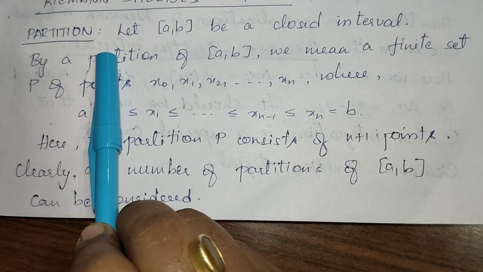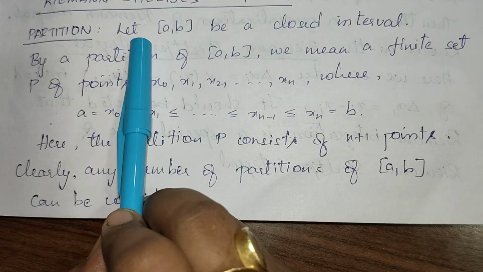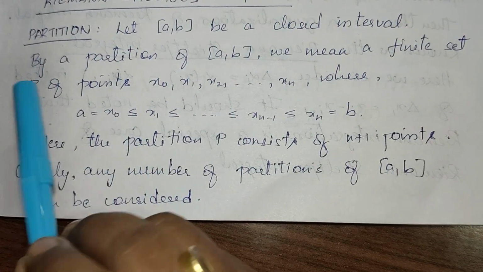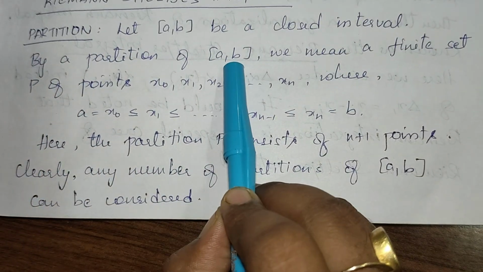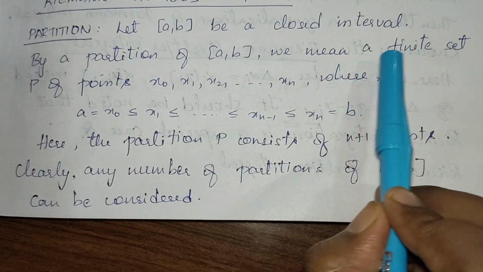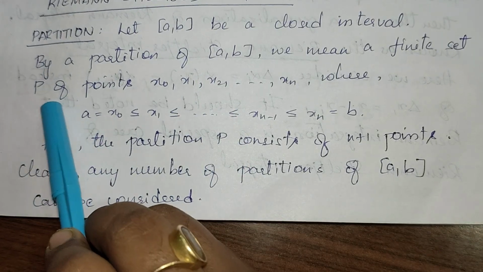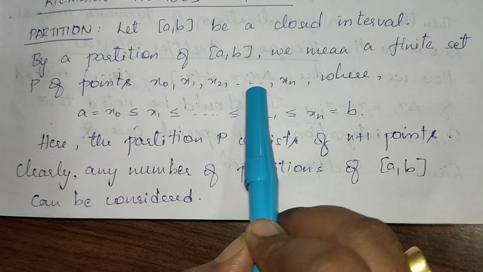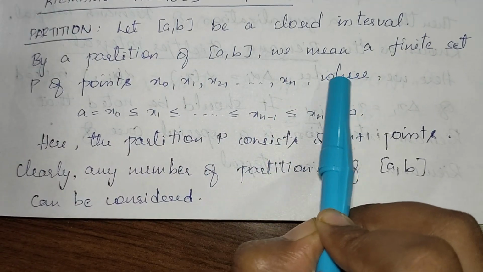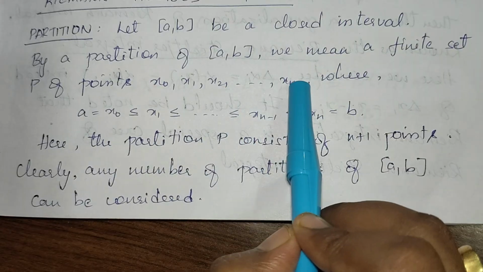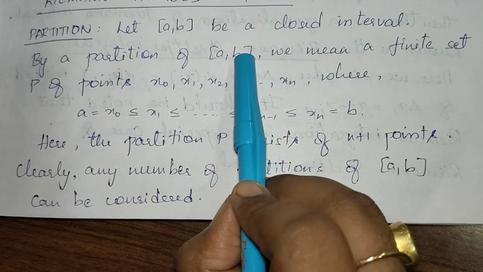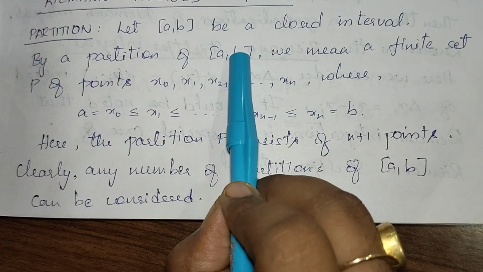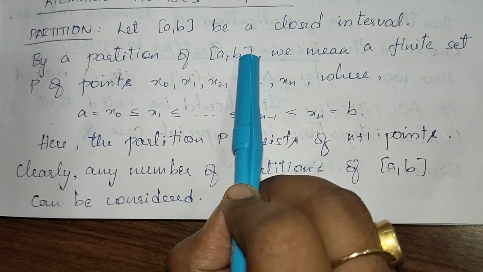Let [a, b] be a closed interval. Partition of closed interval [a, b] means a finite set of points P which consists of x0, x1, x2, etc. up to xn, where these points lie in between the numbers a and b, or these points belong to this closed interval [a, b].